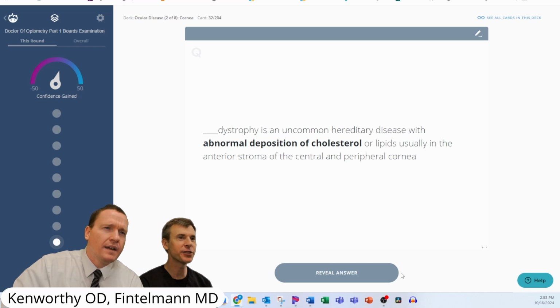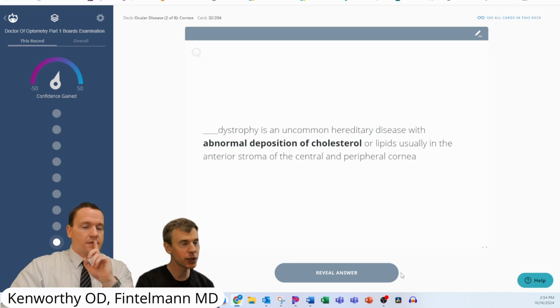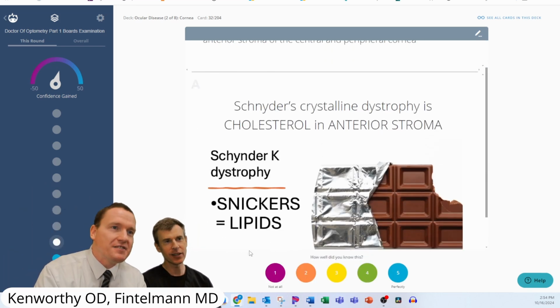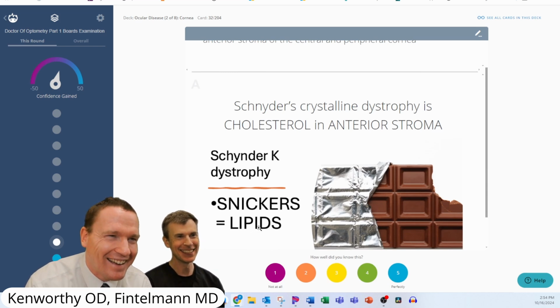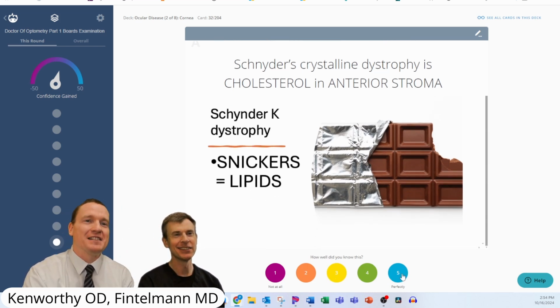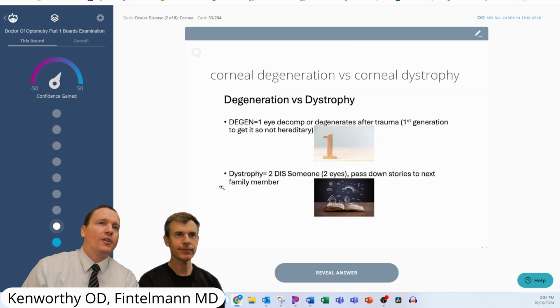Dystrophy is a common hereditary disease with abnormal deposition of cholesterol, which we just spoke about, or lipids, usually in the anterior stroma of the central and peripheral cornea. Schnyder. That's right, Schnyder's. Snickers lipids. Okay, Snickers lipids. That's good. Corneal degeneration. Oh yes, that's an important question. Where's the question?